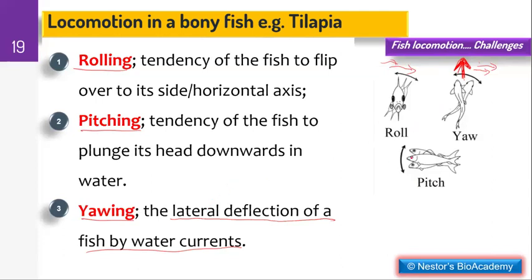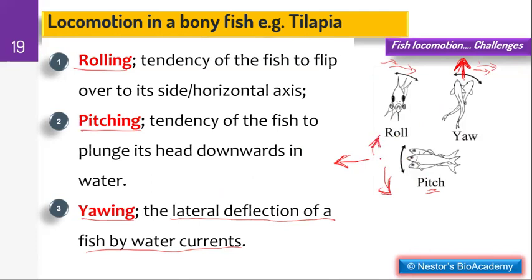Then, of course, if you look at this other illustration representing pitching, this fish wants to move in this direction, which I'm again representing with the arrow here. But due to water currents, there might be the tendency of the fish to plunge its head downwards or upwards in a vertical axis.